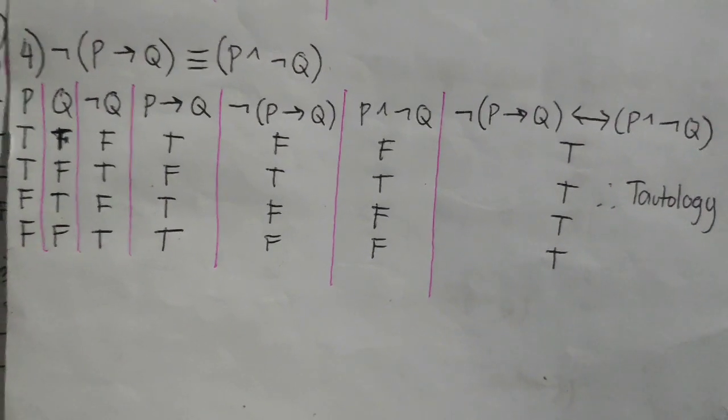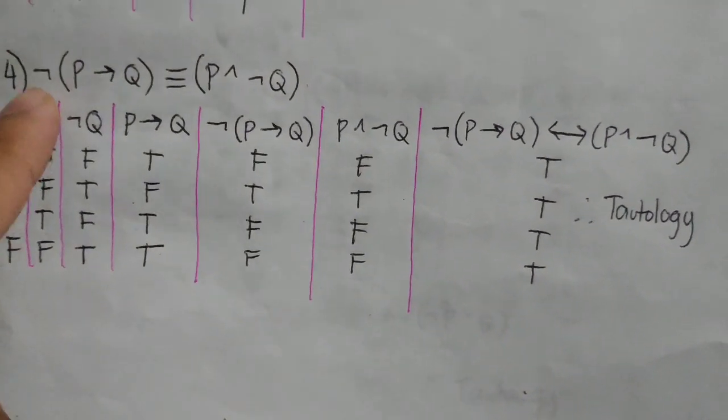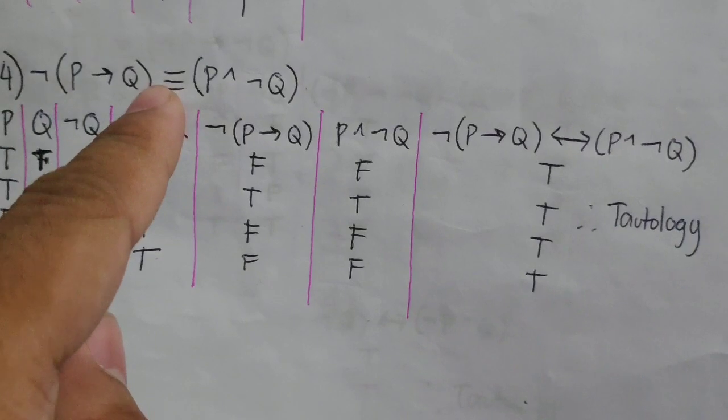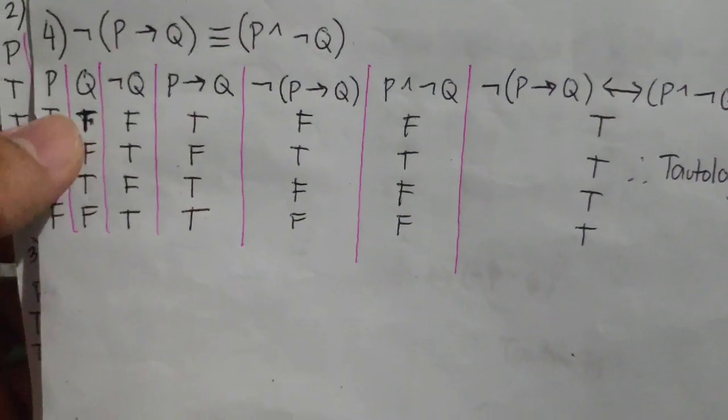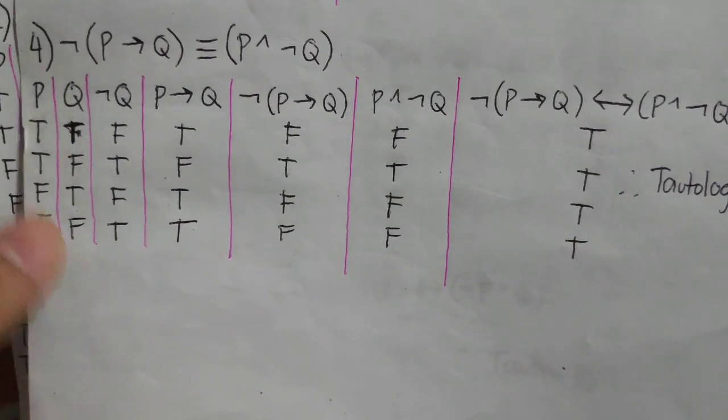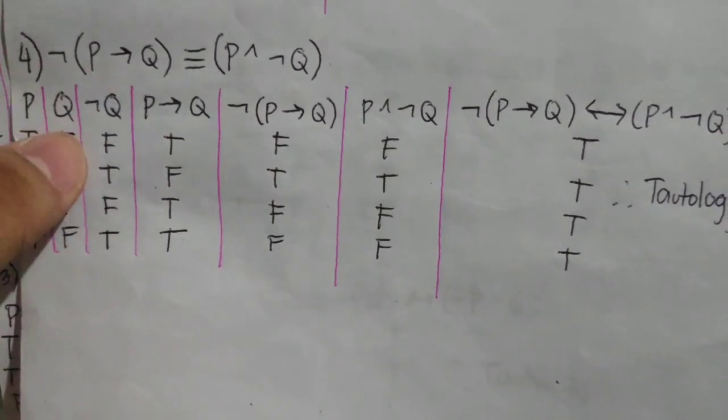And for the last example, you will have the negation of P implies Q is logically equivalent to P and the negation of Q. So again, start with the initial truth values for the two primitive propositions.